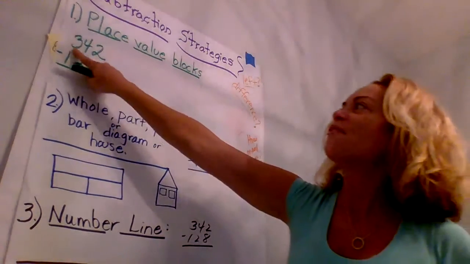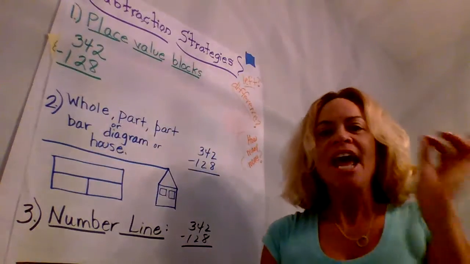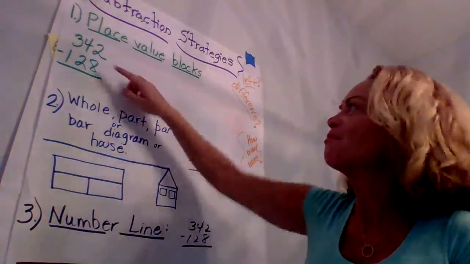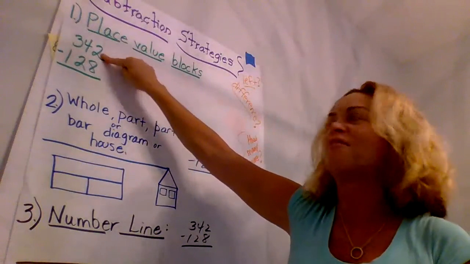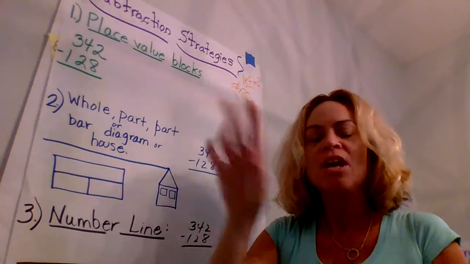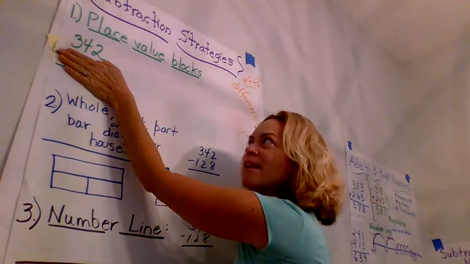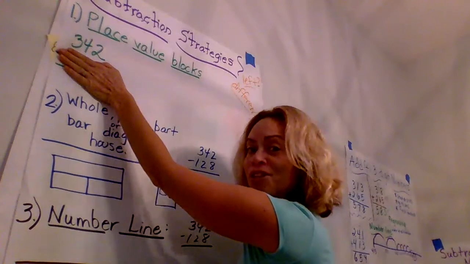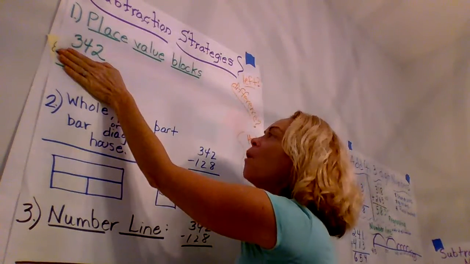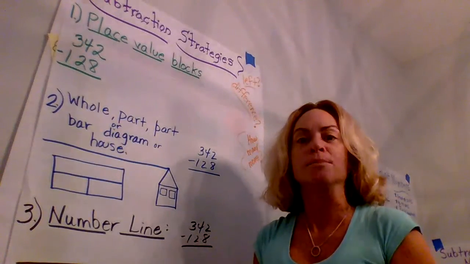So we've got 342, take away 128. Now this is where there's more on the floor, so we're gonna have to take 10 more, because if you only have 2, you cannot take away 8. So the first thing we wanna do is model the greatest number, which is always first in a subtraction problem. We're gonna model it with the hundreds, tens, and ones blocks.